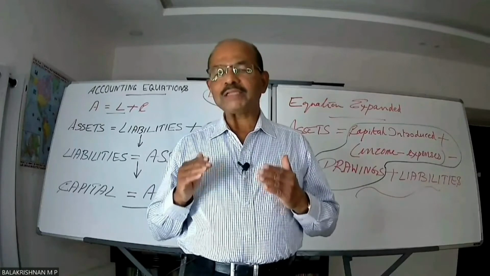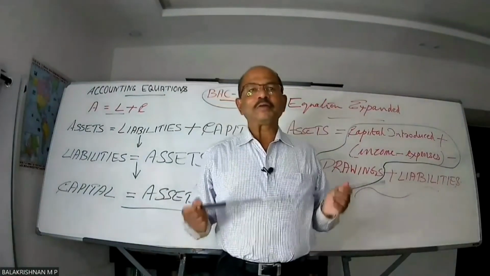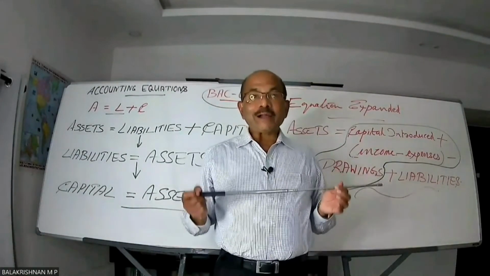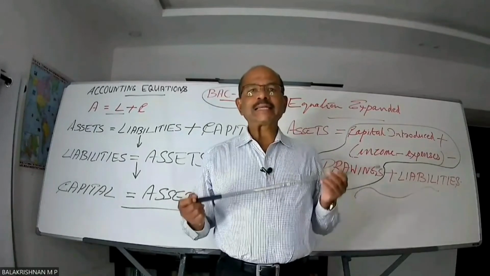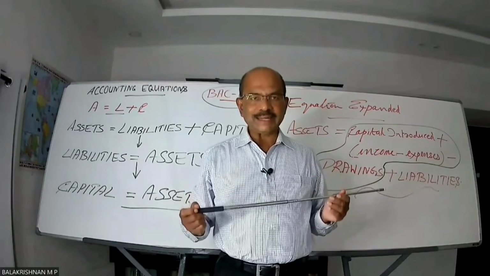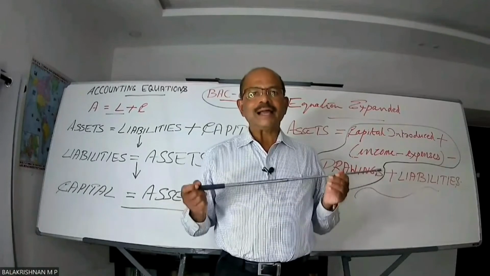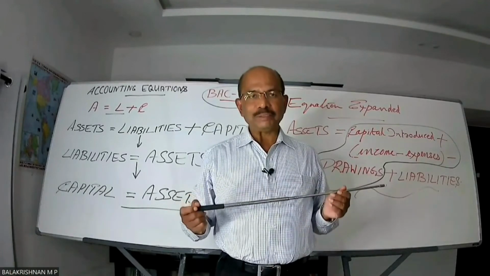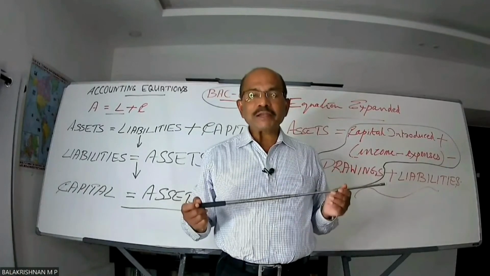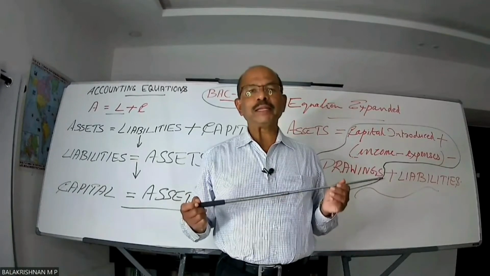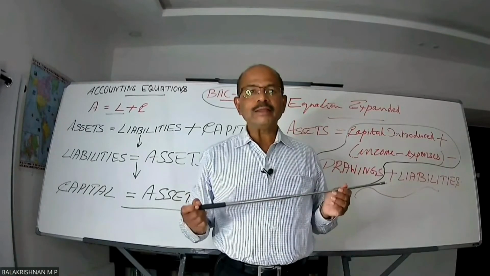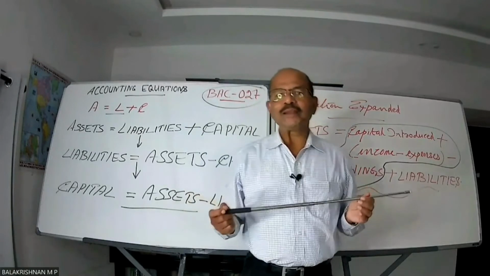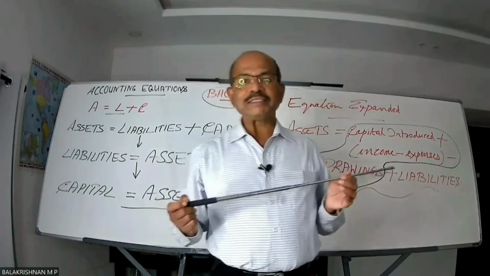I will explain to your satisfaction. However, to conclude, the accounting equation represents the relationship between assets, liabilities, and capital of a business, and it is fundamental to the application of double entry bookkeeping, where every transaction has a dual effect on the financial statements.